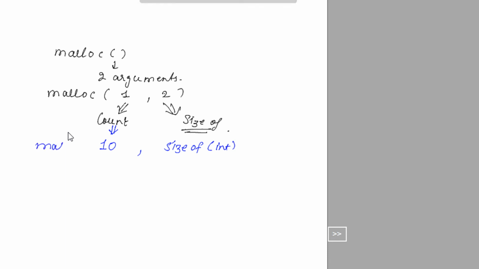How do you do that using malloc? You keep this variable as 10, and you use this command: malloc, I want 10 memory locations which are of the size integer. Now this can be anything. This can also be a float size, a long size, a character size, or anything that you want to have.